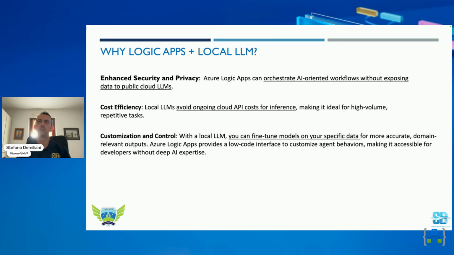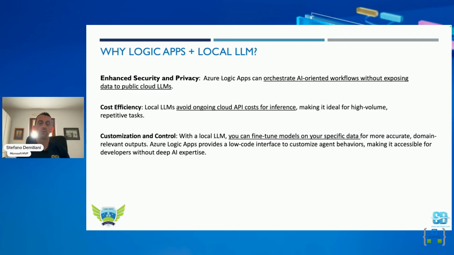The main reason is that, first of all, with Logic Apps you can orchestrate AI-oriented workflows without exposing data to the internet, so to public cloud LLMs. This is one of the main concerns some customers have: I don't want my business data to go into an online model, and this online model can use this data to train itself. In this way, your data never leaves your local area network.